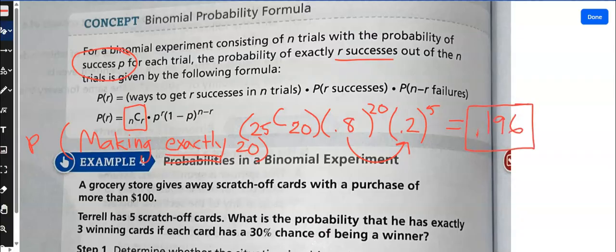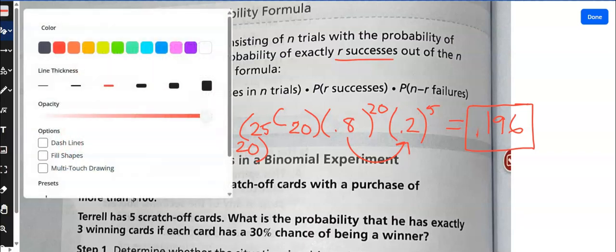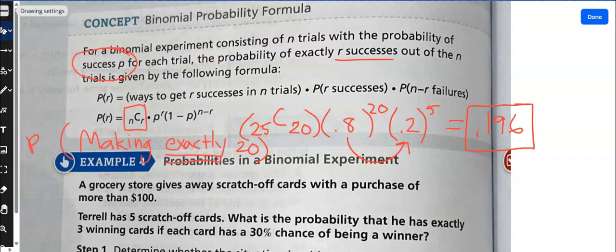Now, you might look at me and go, Mr. Staley, you're telling me there's less than a 20% chance that you're going to make 20 free throws? Well, folks, that's where it comes back to this definition here. Exactly 20 free throws. I might make 21 free throws. I might make 22. I might make 19, 18, 17.